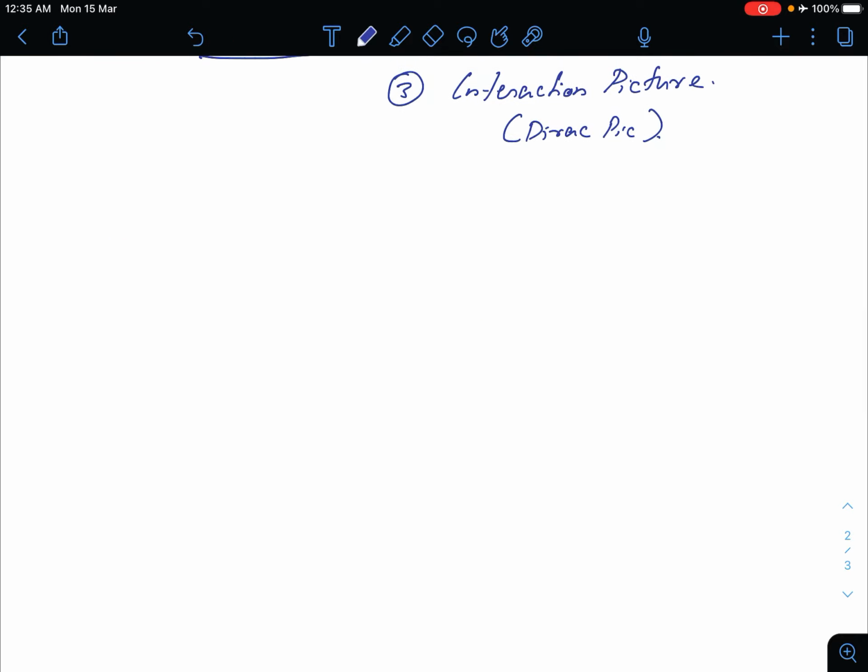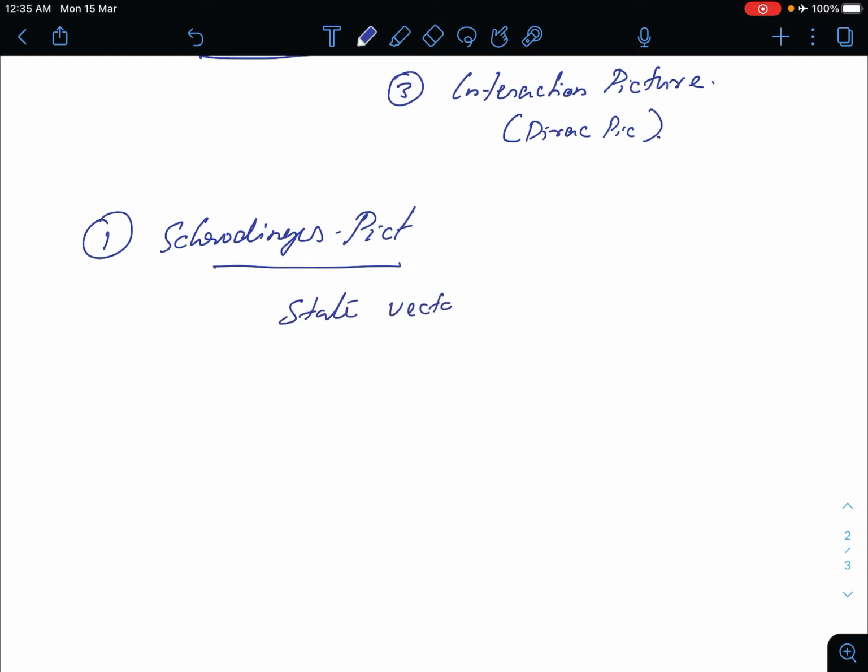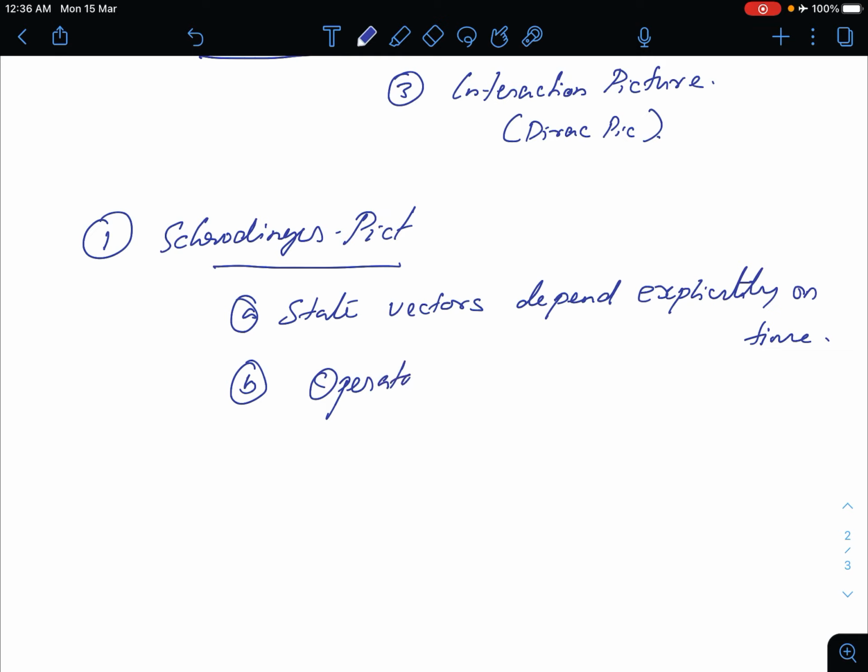So let's check out, for an introduction, what those things are. In the Schrodinger picture, state vectors depend explicitly on time, but operators do not depend upon time explicitly.